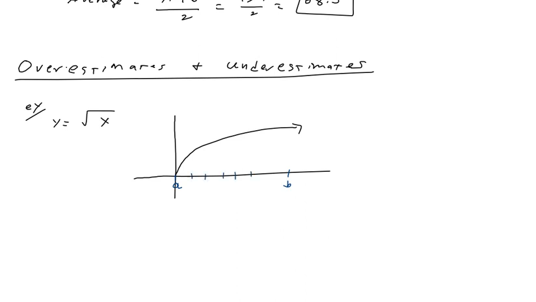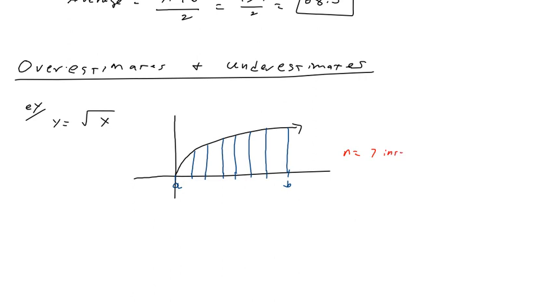Here's a height here, here's a height here, here's a height here, height here, height here, height here, and height here. So here's my slices, right? When n equals 1, 2, 3, 4, 5, 6, 7. 7 slices, 7 intervals.